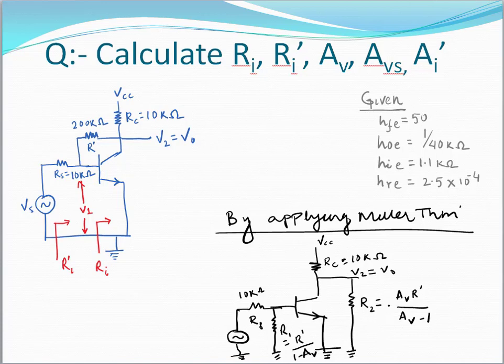So when we apply the Miller theorem in this circuit, the feedback element of 200 kilo ohm will be broken into two parts, one in the input side and the other in the output side.